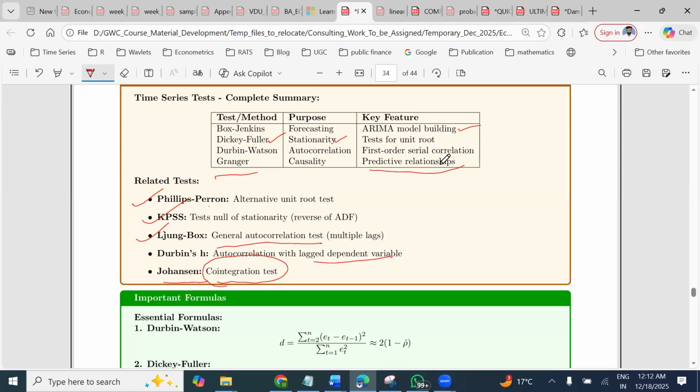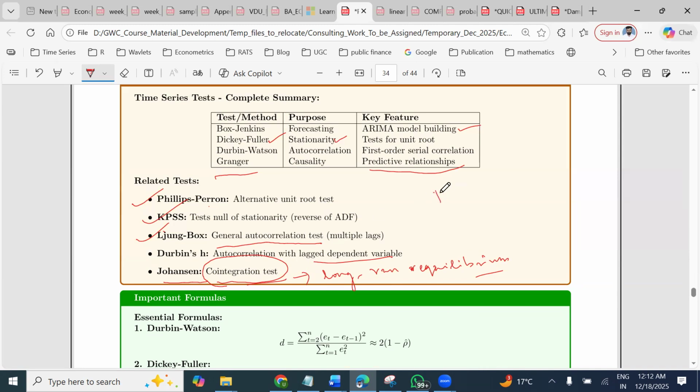Of course, it should be backed by theory, whether there is any long run equilibrium relationship between them or not. There are certain conditions, but right now you should only know that to estimate a long run equilibrium relationship we use the Johansen cointegration method.